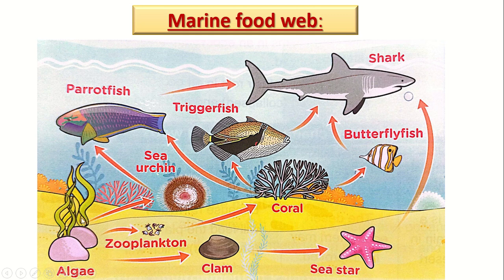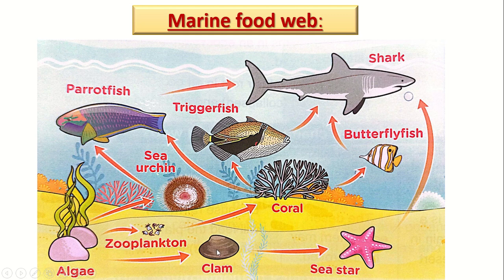They are feeding on the algae. Number three, sea urchin. The sea urchin also eats the algae. So we have three primary consumers eating algae: clam, zooplankton, and sea urchin.